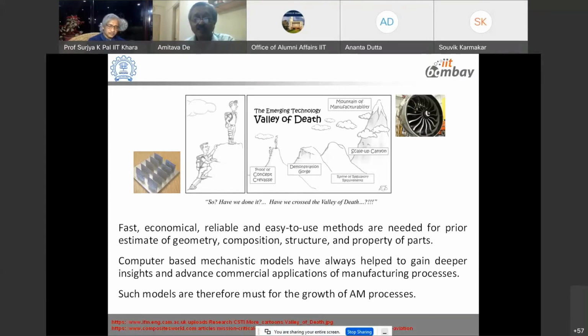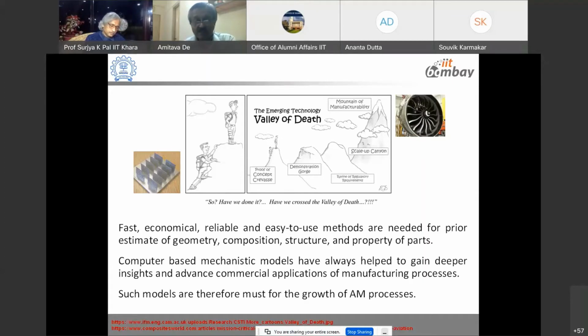So we need fast, economical, reliable and easy to use methods, not very complex methods that cannot be understood by most people. Easy to use methods for prior estimation of geometry, composition, structure and property of parts that we intend to build by an additive manufacturing process.